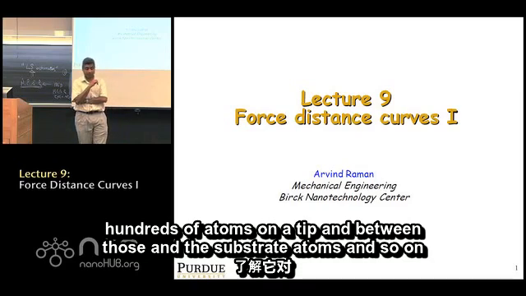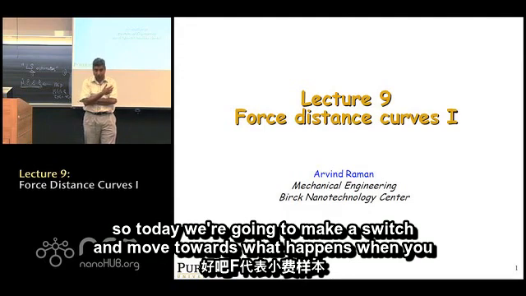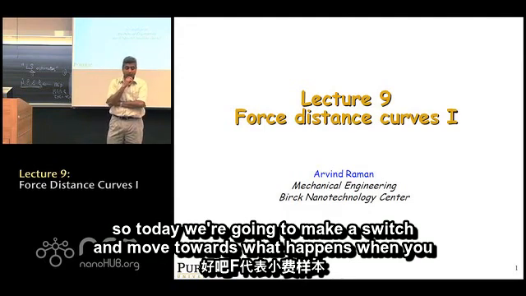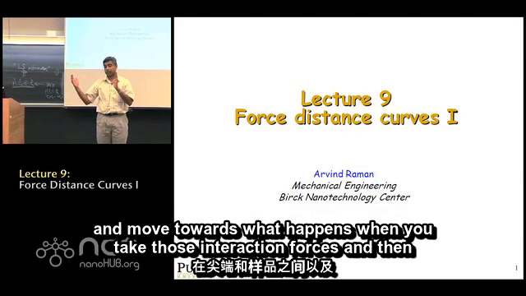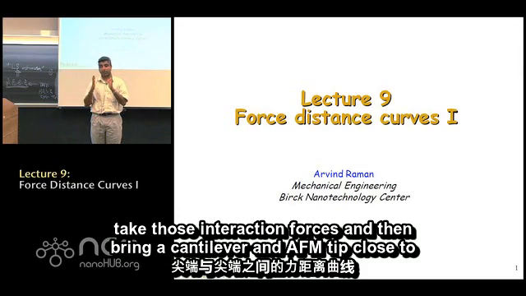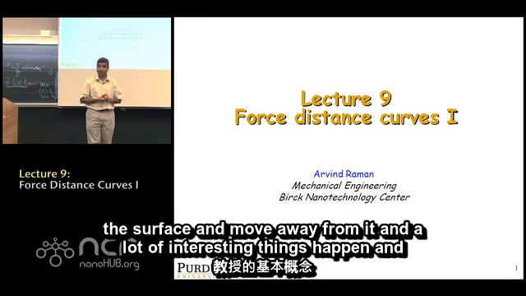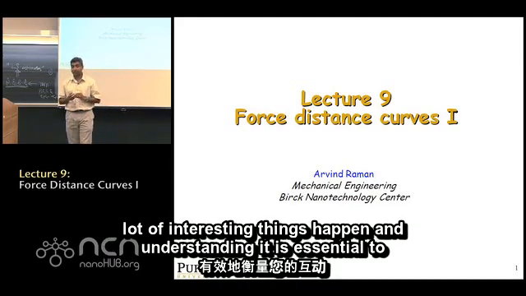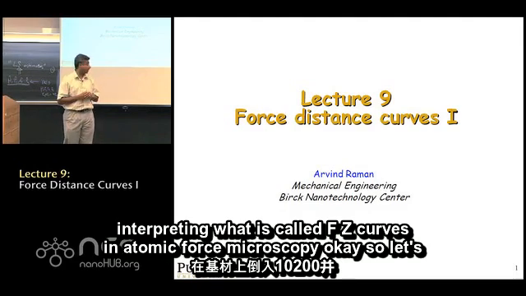Today we're going to make a switch and move towards what happens when you take those interaction forces and bring a cantilever, an AFM tip, close to the surface and move away from it. A lot of interesting things happen, and understanding it is essential to interpreting what are called FZ curves in atomic force microscopy. Okay?